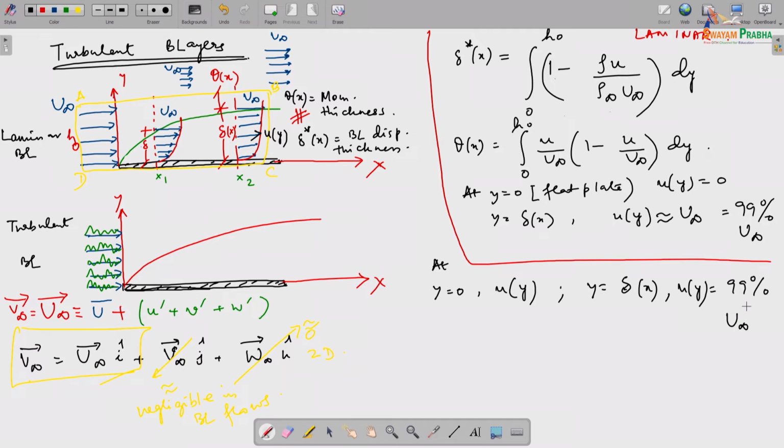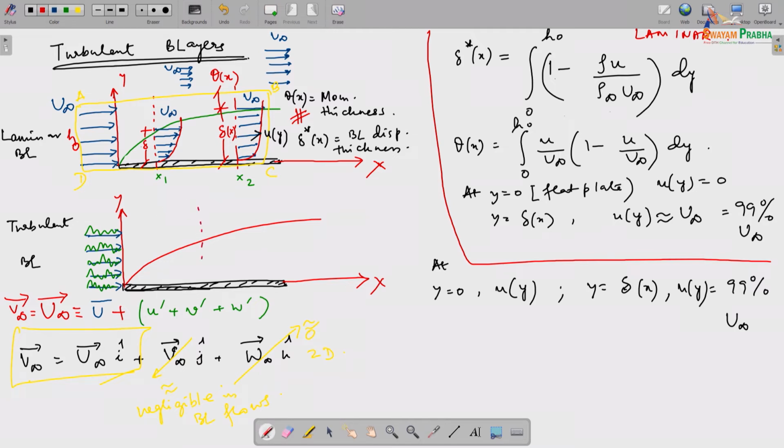So, you are wondering how is it different? What is different is how you define the u of y in the turbulent case. So, let me draw a velocity profile. How will the velocity profile look like?